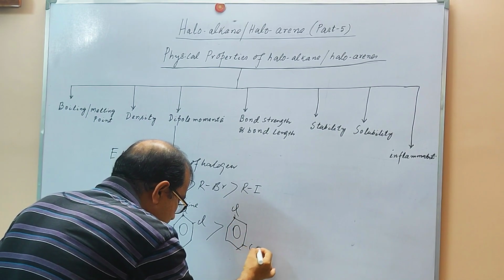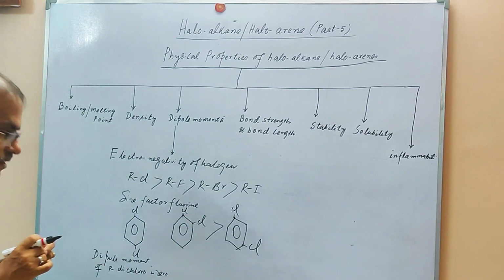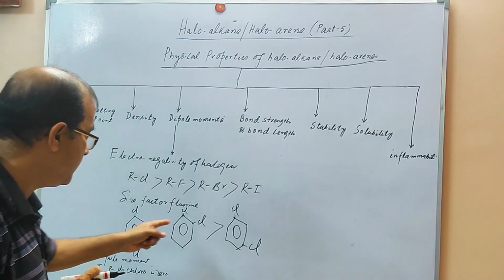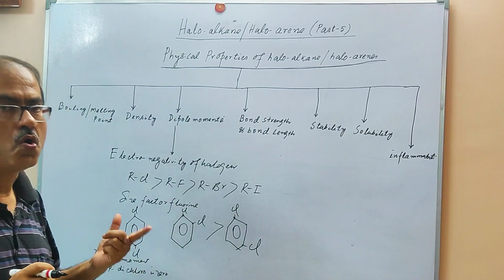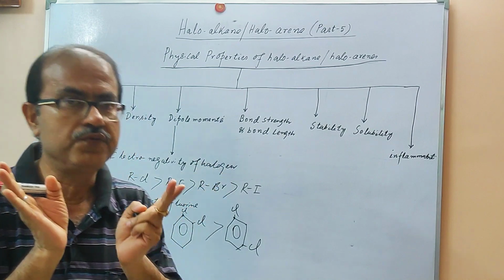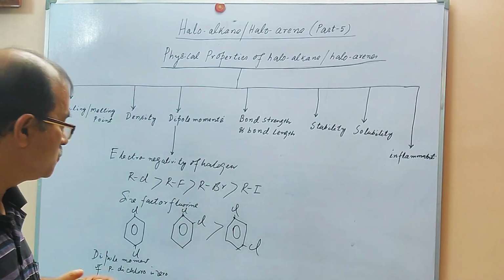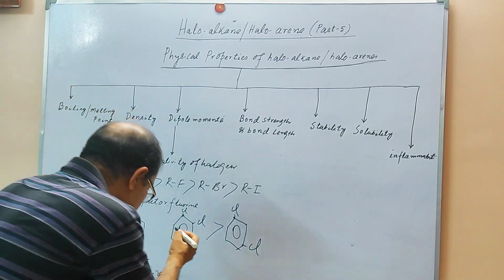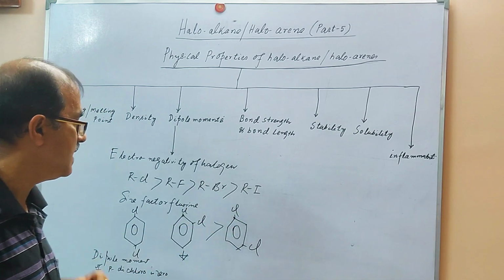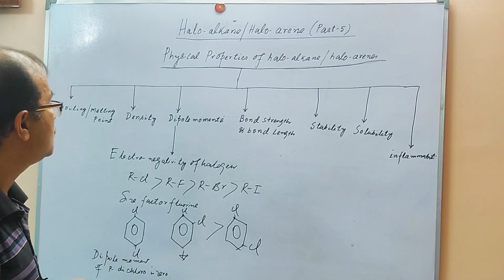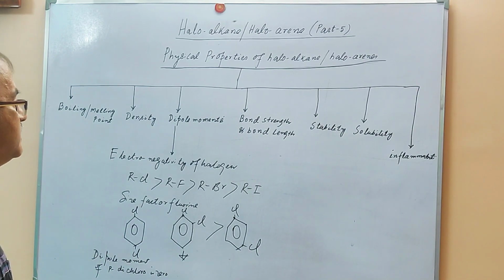The angle between the two chlorine atoms is 120 degrees in one and 60 in the other. According to the parallelogram law, the resultant dipole moment will be higher for the ortho. So this is all for the dipole moments of alkyl halides and aryl halides.